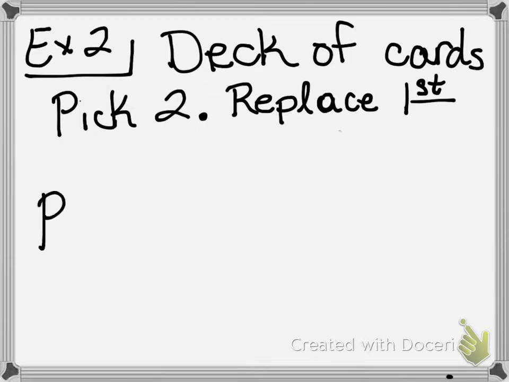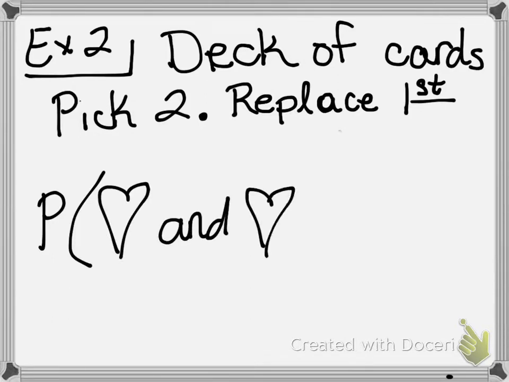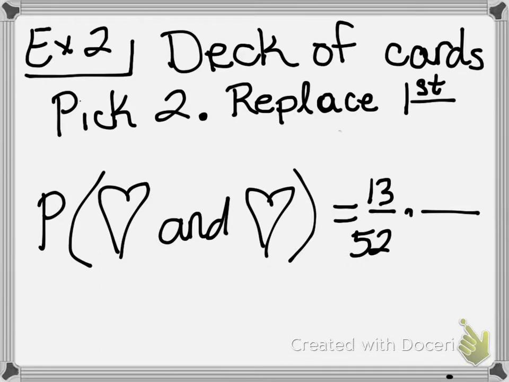Another question we could have is, what's the probability that we draw a heart, then we put it back, and then we draw another heart? So same type of thing, we're going to find the probability of each of those and then multiply them together. So there are 52 cards total. We think, how many hearts are there in the deck? And there are 13 cards with a heart on them.